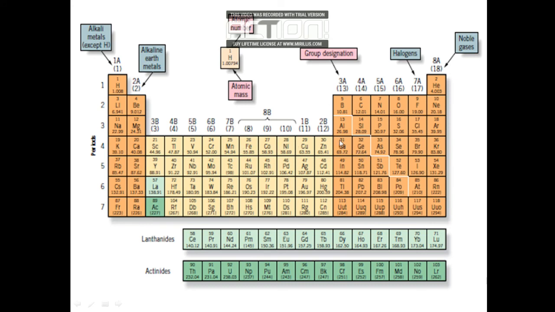Metals are good conductors of heat and electricity. All metals are solid at room temperature except for mercury. In chemical reactions, metals easily lose electrons to form positive ions. Examples of metals are silver, gold, and zinc.